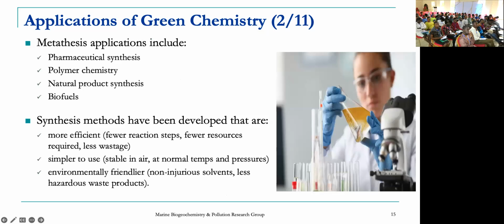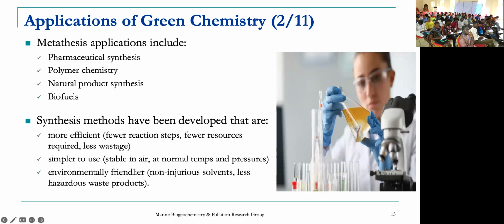This process, that's metathesis, has found diverse applications in the chemical industry, mainly in the development of pharmaceuticals and of advanced plastic materials. Some notable applications include pharmaceutical synthesis.